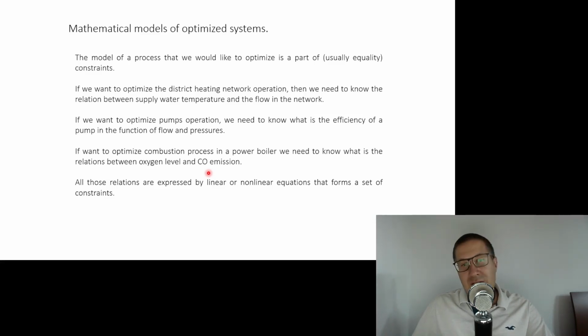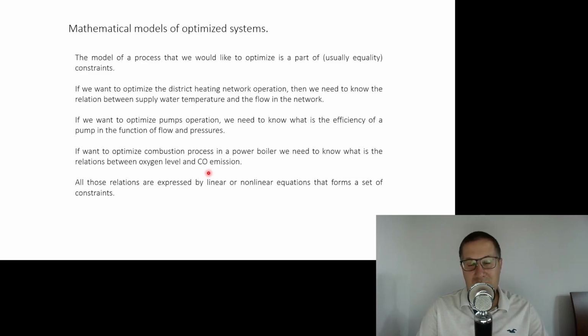All those relations that I mentioned, expressed by linear or nonlinear equations, form a set of constraints. Of course, we can have different constraints as well, like technical limits, or constraints related to agreements between parties.